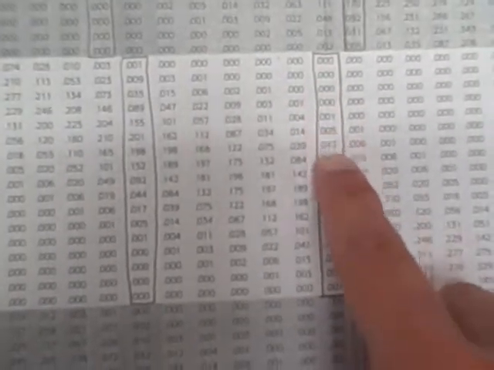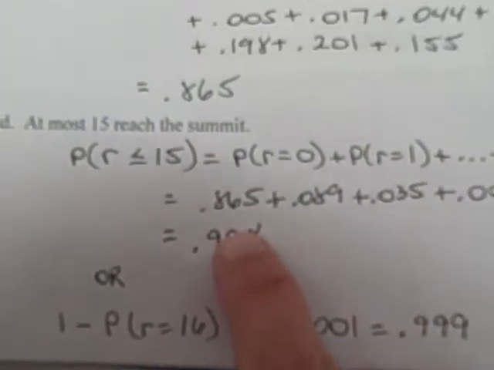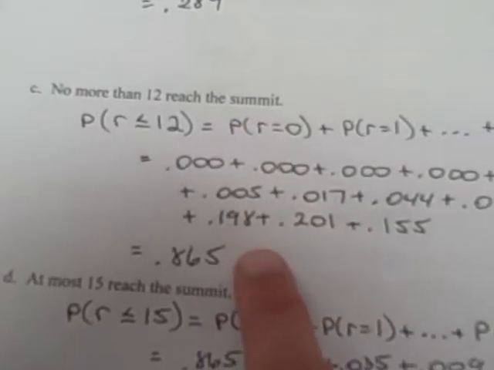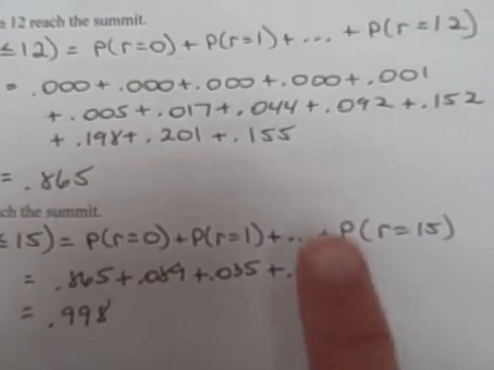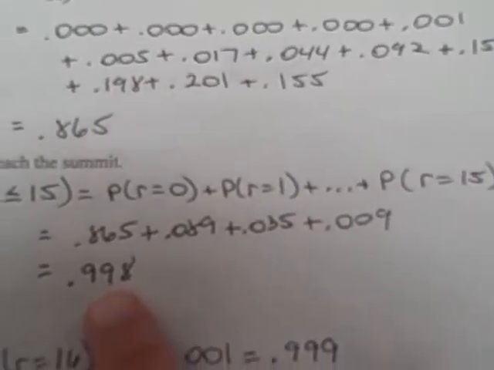If I add up all of those probabilities, 0 all the way to 15, we get 0.998. The 0.865 that I wrote down here is just the 0 through 12 that we already added, plus 13, 14, and 15. Add those up, I get 0.998.